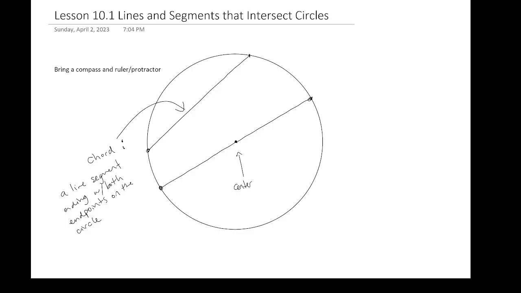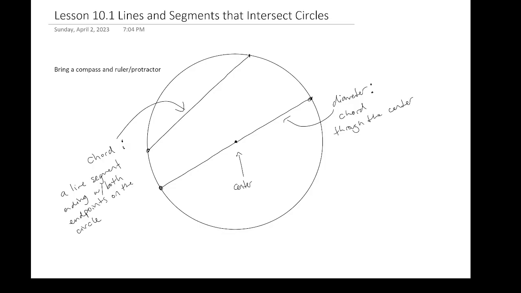Now, this particular type of line, which for the record is what's called a diameter, is the longest segment through a circle. Rather than describing it again as a line segment with both endpoints on the circle, which it is, this is a chord, but specifically a chord that goes through the center.